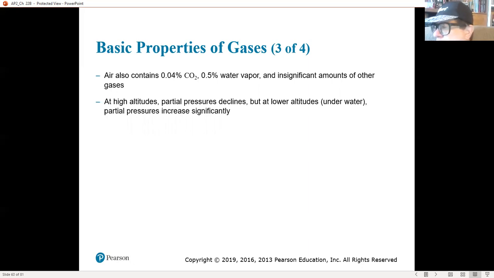You go up 1 atmosphere, 760 millimeters of mercury, for every 33 feet of fresh water or 27 feet of salt water. So the deeper you go, the more issues you have with loading the body with nitrogen that you have to get rid of.